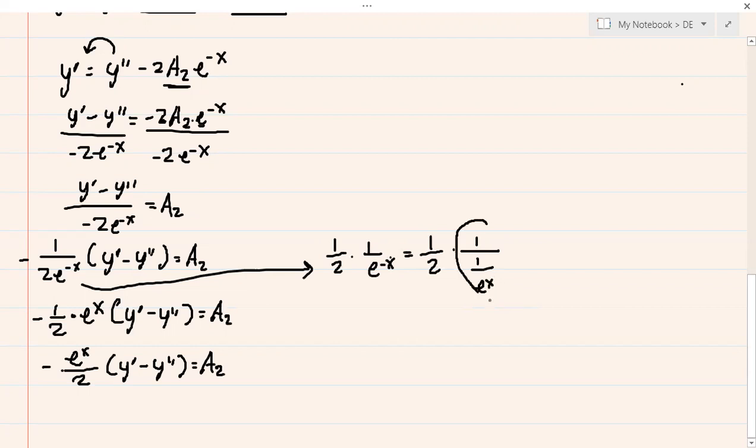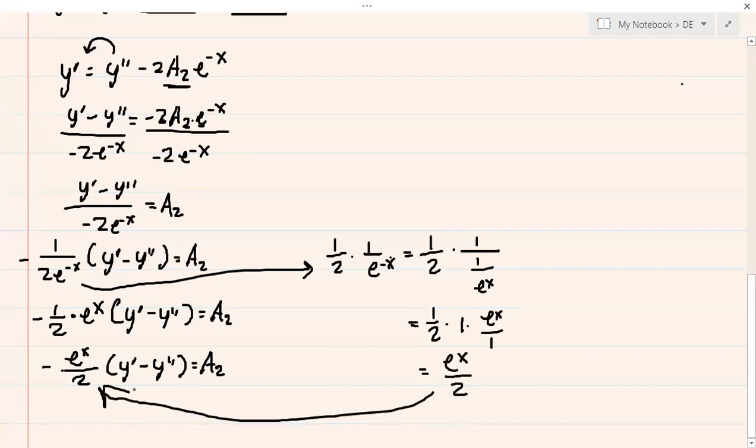Tapos, since complicated fraction to, syempre, i-reciprocate ko yan. So by doing so, 1/2 times 1 times e raised to x all over 1. So anong sagot ko rin? Minultiply ko lahat. So I will have e raised to x all over 2. Okay? Ganun lang yung ginawa ko.